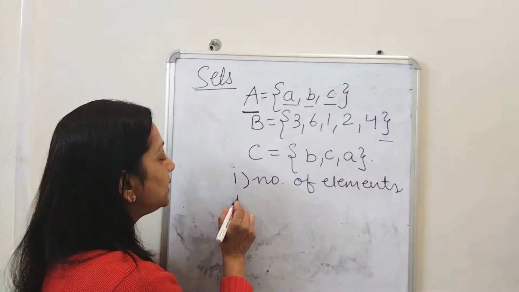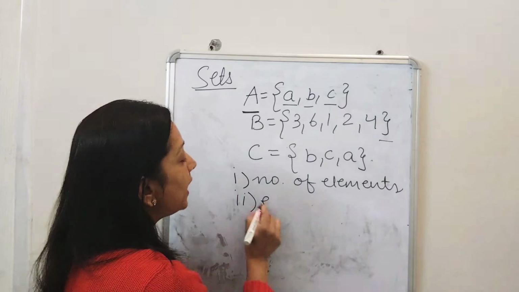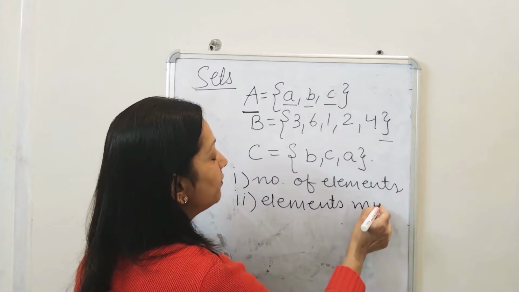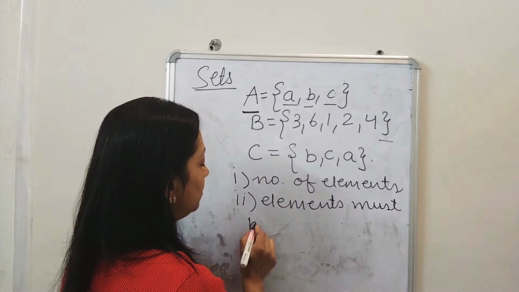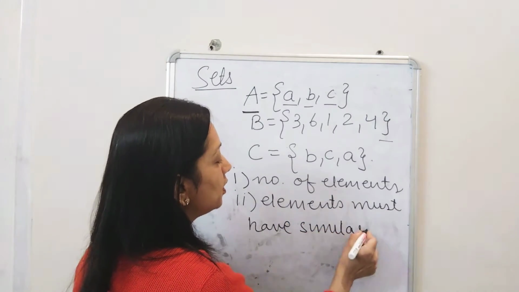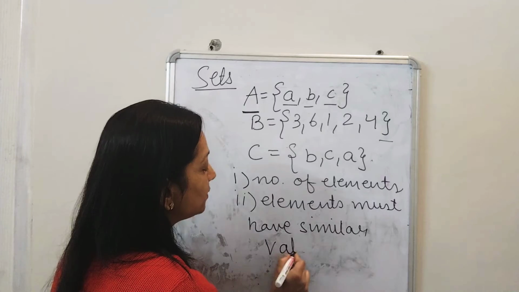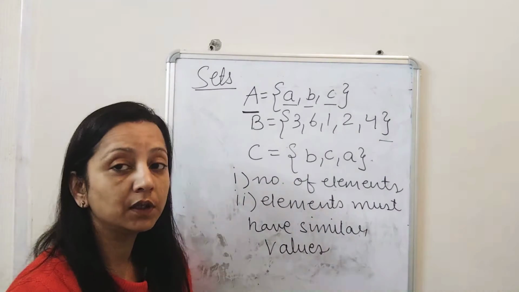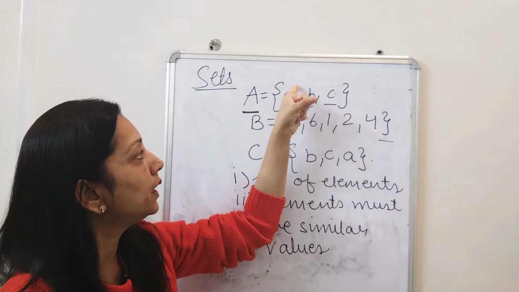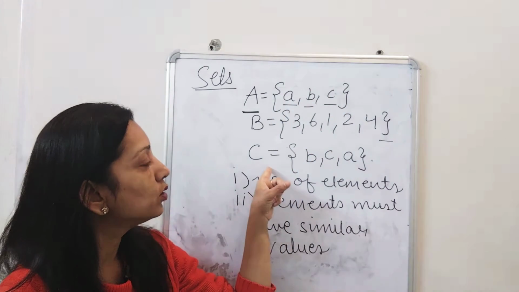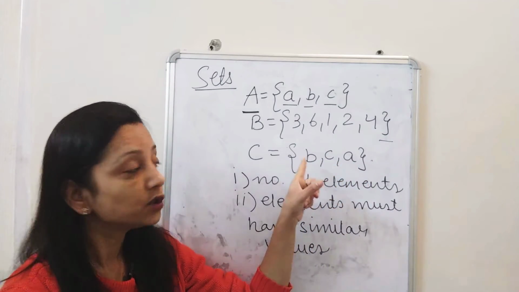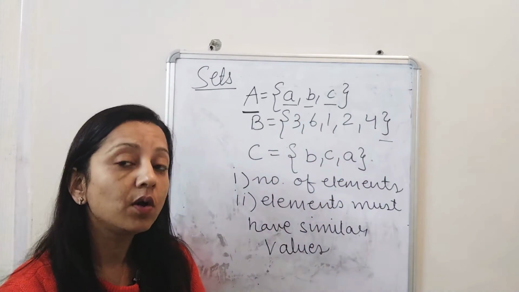Now, let's move on to the second criterion, which says that elements must have similar values. So, the elements of both the sets must have similar values to be called equal sets. Here you can say the 3 elements are A, B and C. In set C also you can see the 3 elements are B, C, A or A, B, C. So that means the values of the elements are also the same.